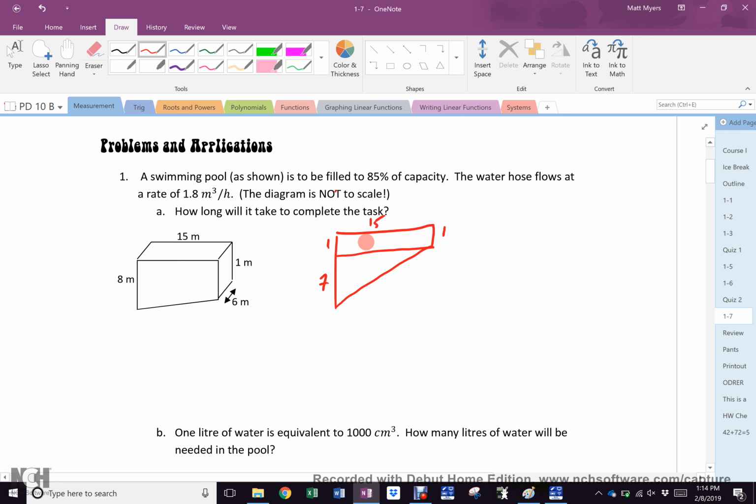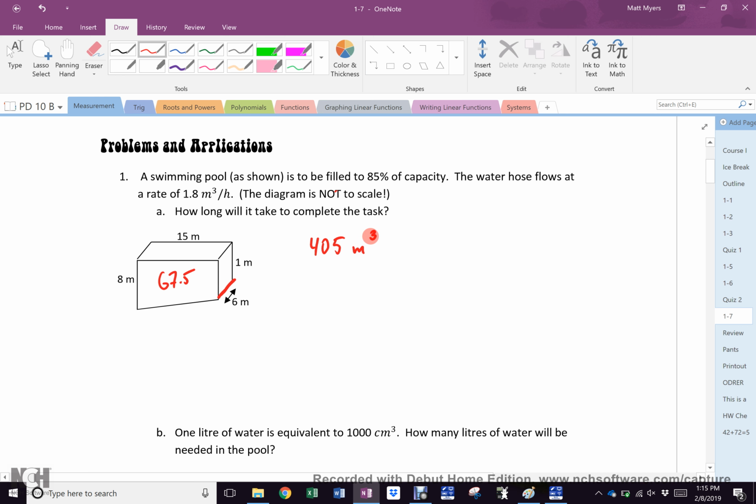This is 15 by 1, which is 15. This is 7 by 15, base times height, divided by 2, which is 7 times 15 is 105, divided by 2 is 52.5. So this whole area is 67.5, which then multiplies by height, 6, which gets me the grand spanking total, thank you, my good man, of 405 meters cubed.